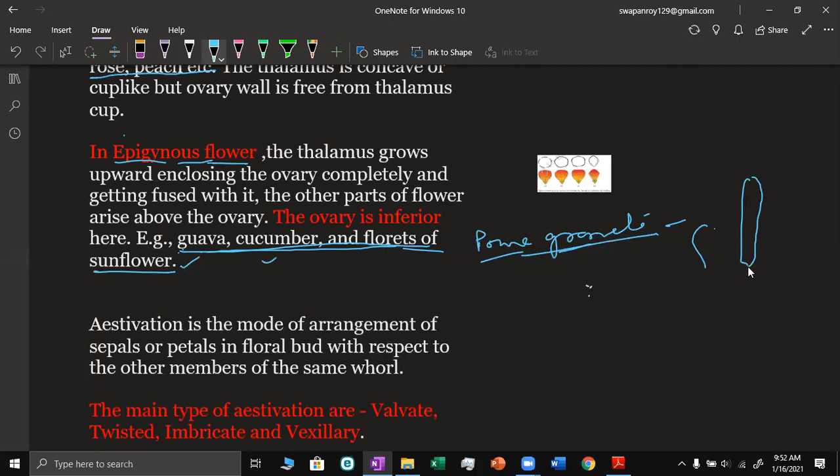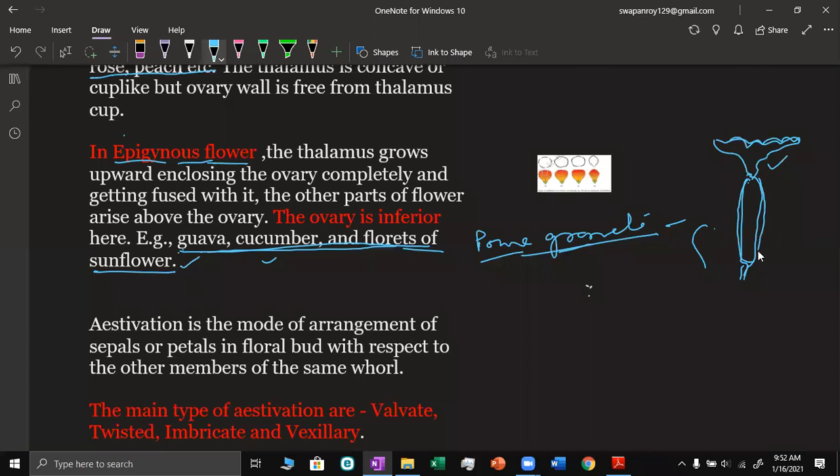usually the male and female flowers are different. In cucumber you will find that from the beginning there is a fruit, and on that fruit the flower is at the top, and the fruit is at the base.